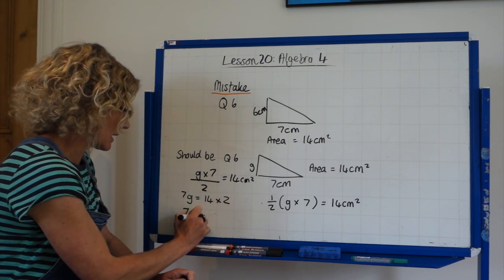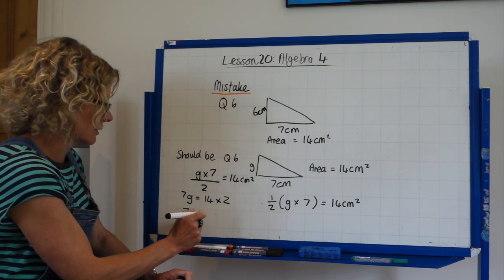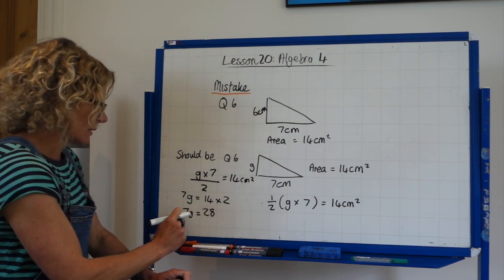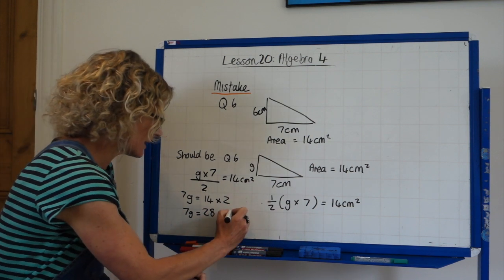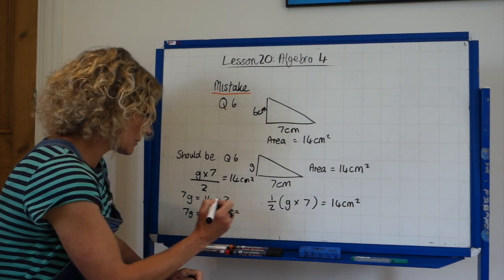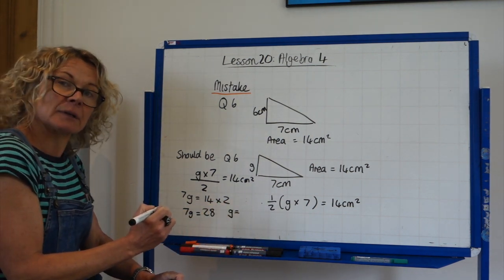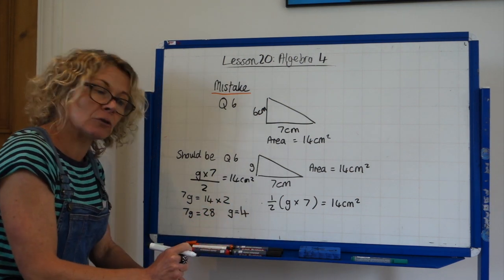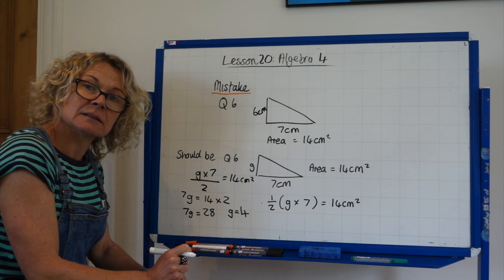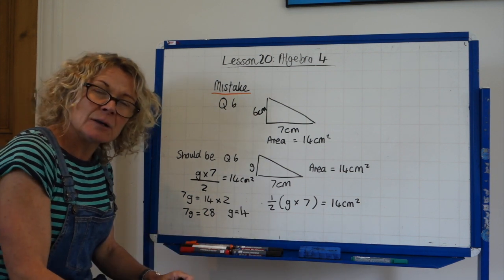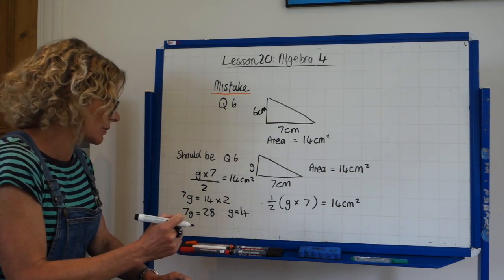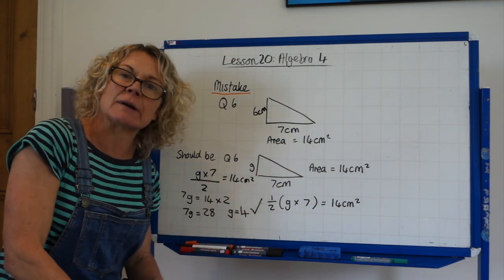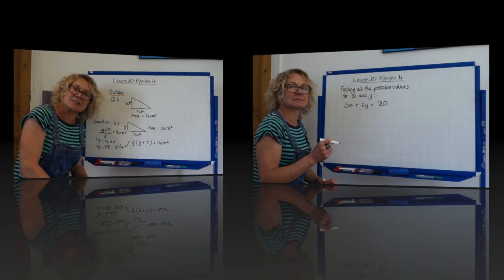So 7g equals 14 times 2. What's 14 times 2? 28. So 7 lots of g equal 28. So g equals, how many times does 7 go into 28? 4. 7 fours are 28. Quite tricky, but not impossible once it's broken down. Sorry that I got that the wrong way round. Right, let's get on with today's lesson.